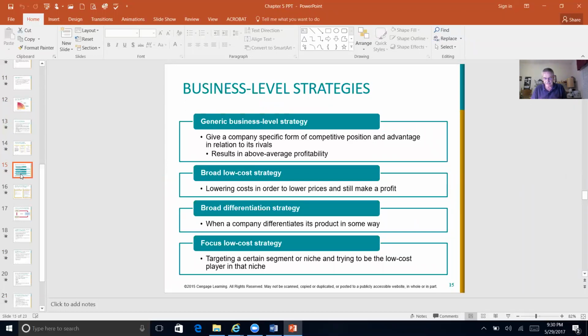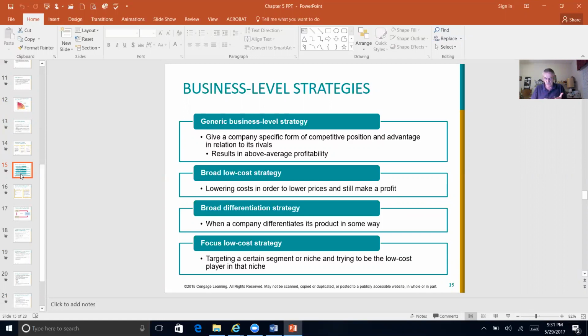In some cases, they're going to be pursuing the broad, low-cost strategy, all the way up to the point where they'll be looking at the broad differentiation strategy. So it's really going to depend on the different type of market, the different type of focus or niche strategy that they're trying to pursue.